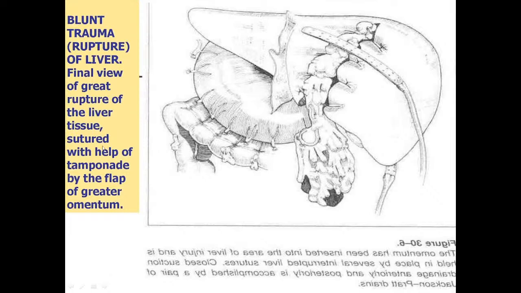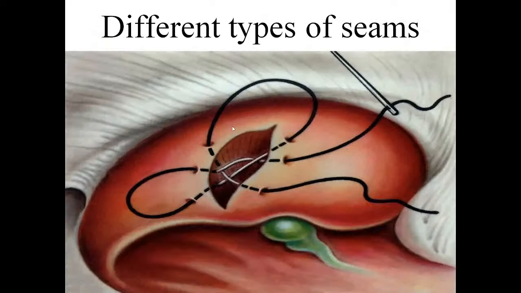It's sutured and tamponaded with the flap of the greater omentum. Here you can see the suture and tamponade of the greater omentum. Student, in this slide you can see the different types of the seams.